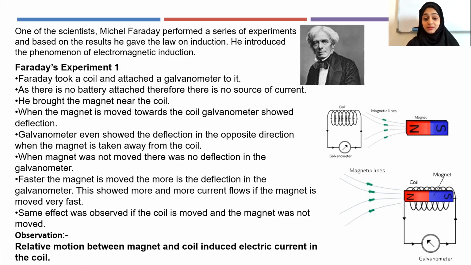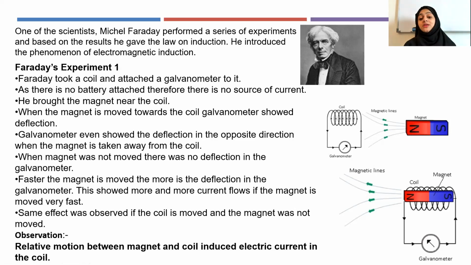What does that mean? There is a presence of current. But is there a battery or a cell? No. So just when you move the bar magnet, what happened? Without a battery, without a cell, current is generated.